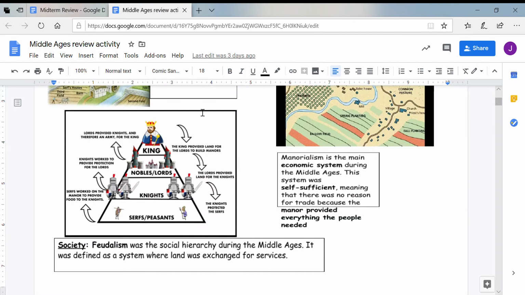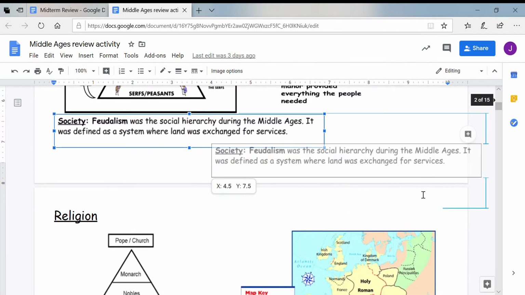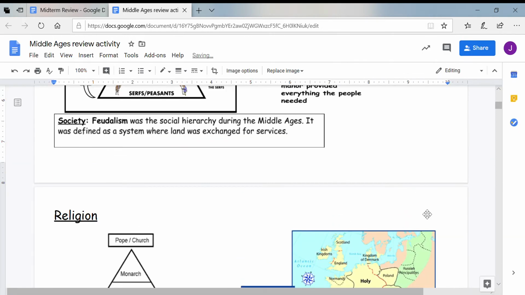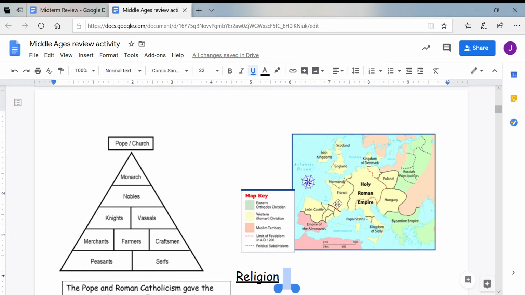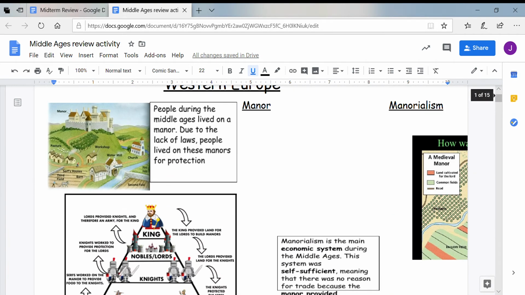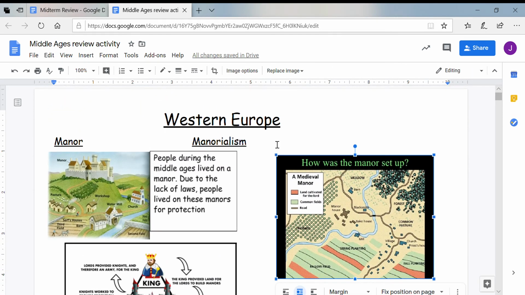If you remember, in Western Europe, there was no one major empire. So if you take a look at this map, there's not one major empire here. You have a whole bunch of different empires. And that actually led to the manorial system, or the manor.